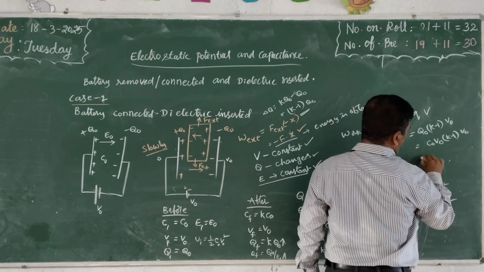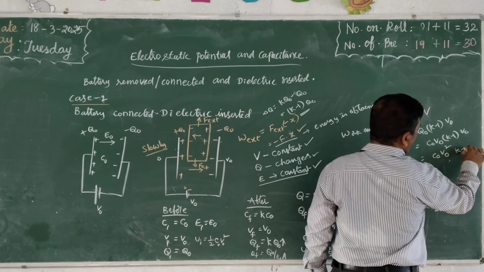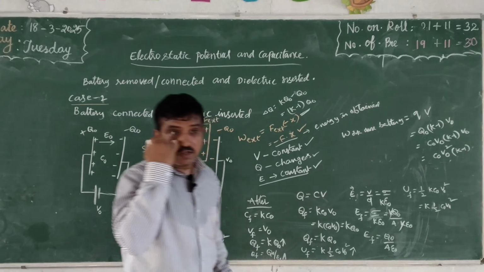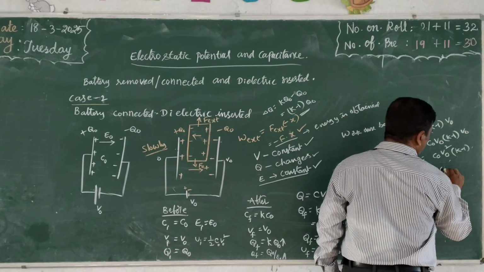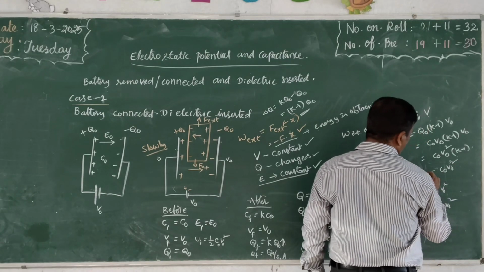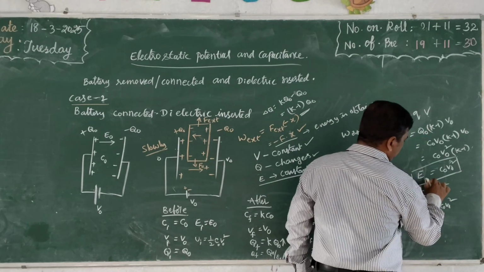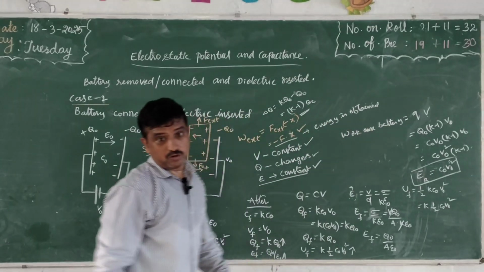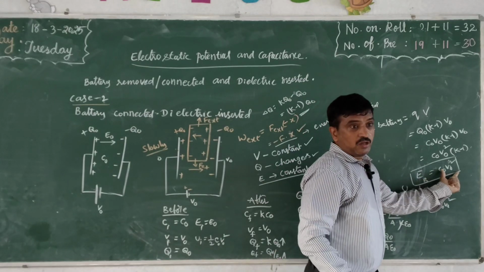Here V naught is there, so we get C naught V naught square into (K minus 1). For example, the dielectric constant is more than 1, so we can take 2. Then we get C naught V naught square. So this is the energy supplied by the battery when dielectric is inserted: C naught V naught square.